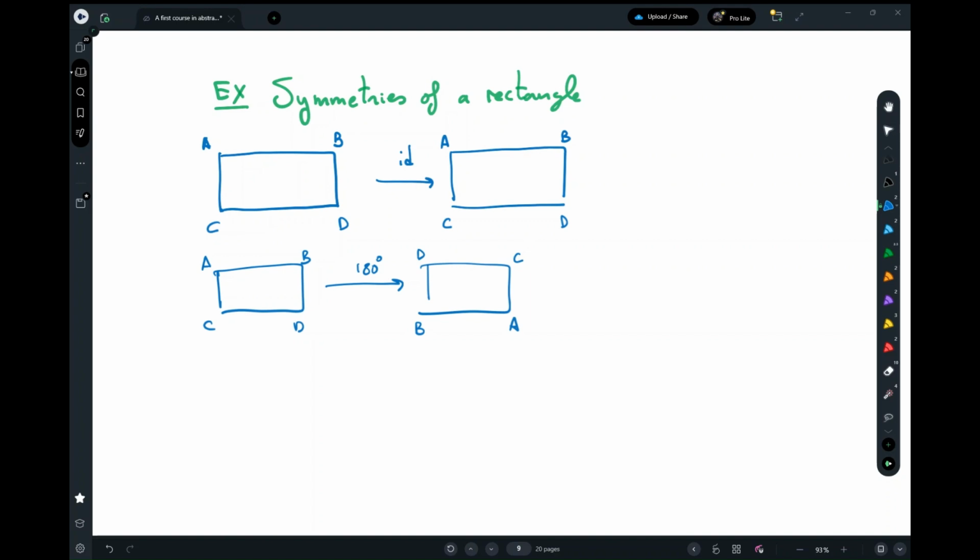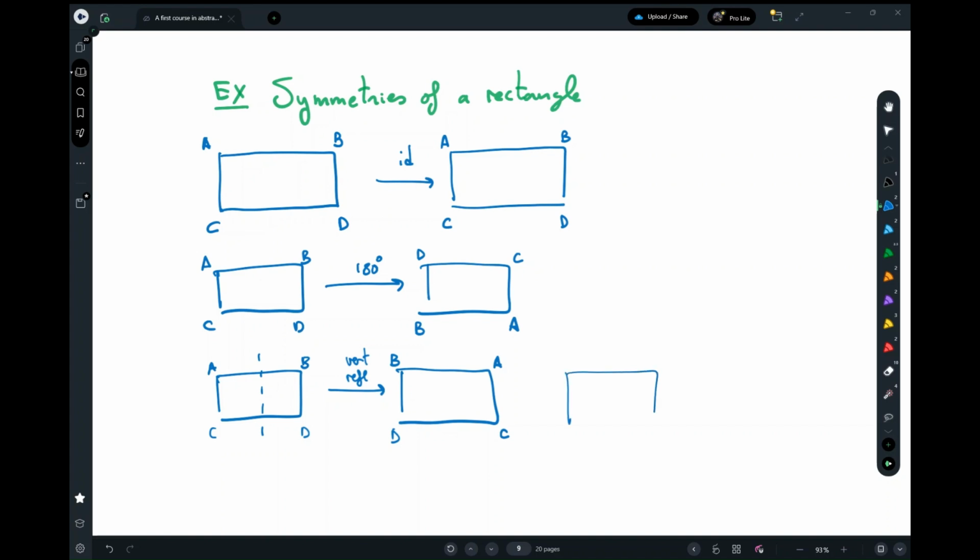I can also do a vertical reflection, and that transformation will leave the shape also untouched, and now A would be here and B would be here, and I wrote C and D backwards again. So now C is there and D is here. So this is a vertical reflection.